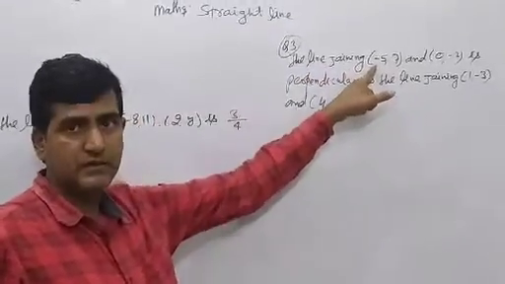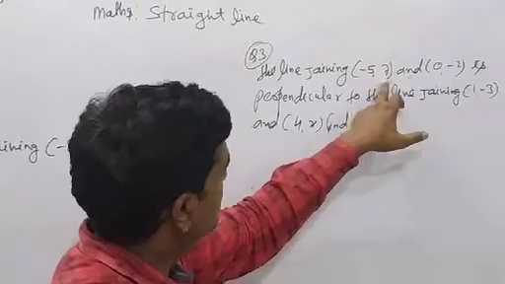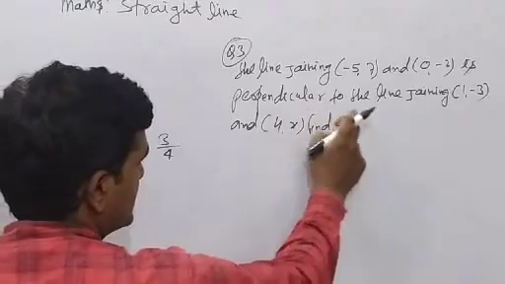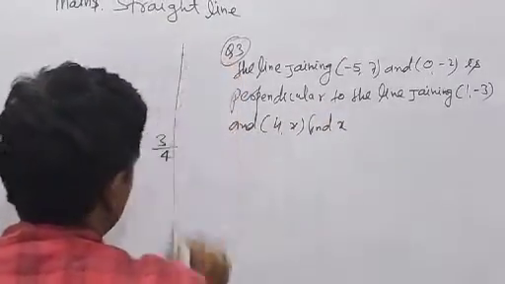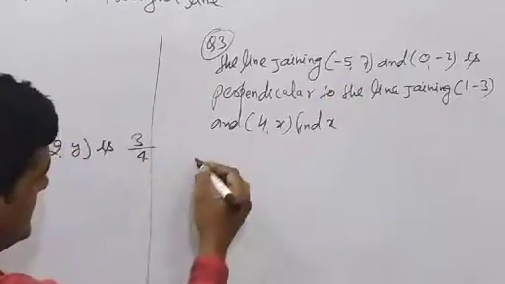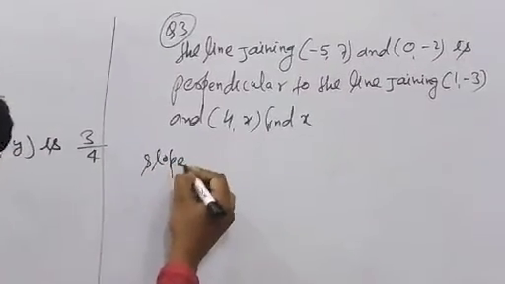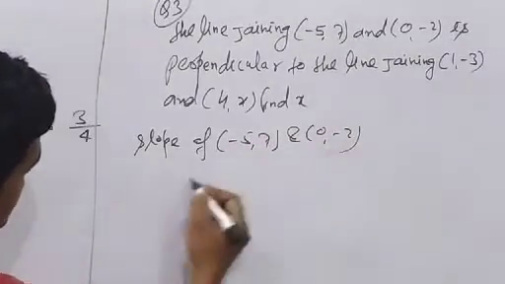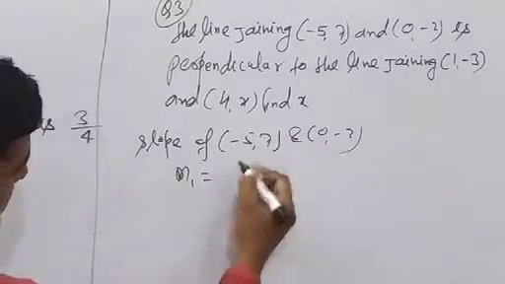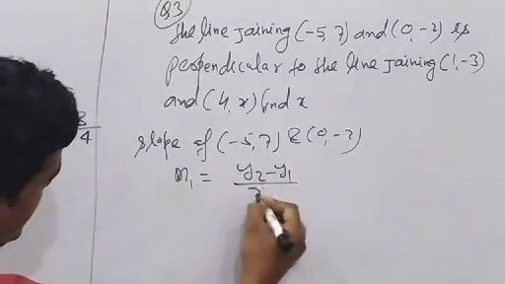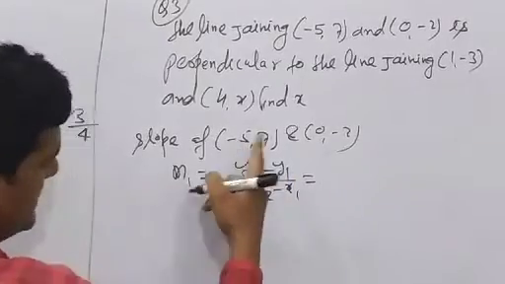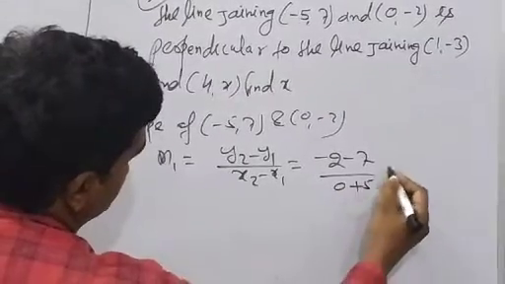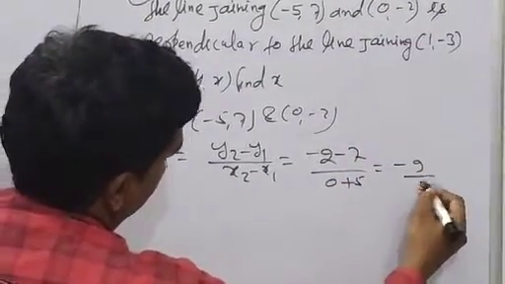The line joining (minus 5, 7) and (0, minus 2) is perpendicular to the line joining (1, minus 3) and (4, x). Find the value of x. Clear? First of all, the slope of (minus 5, 7) and (0, minus 2): m1 is equal to y2 minus y1 upon x2 minus x1, which gives minus 9 upon 5.